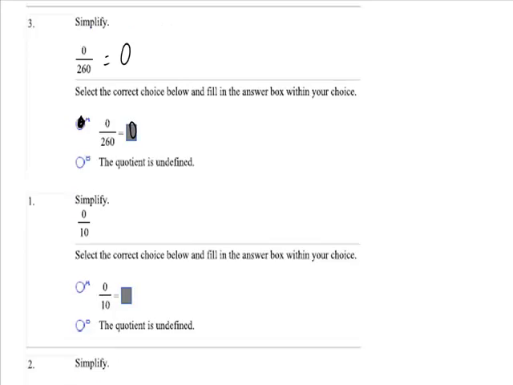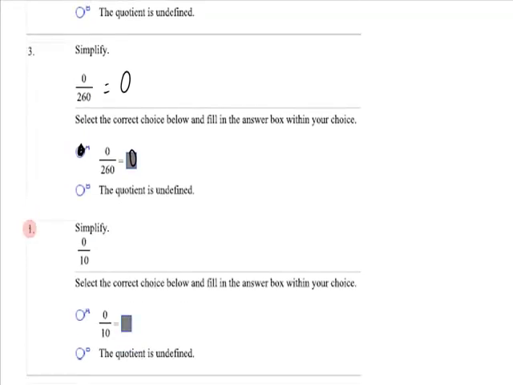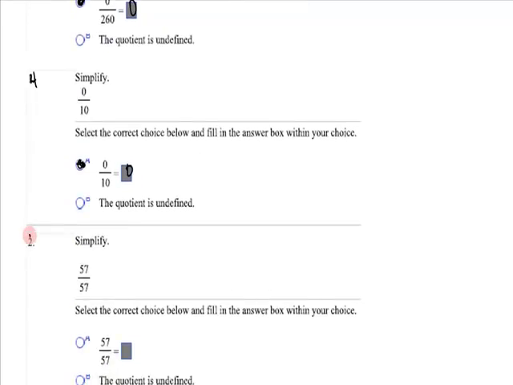And I'm not sure what's going on with the numbering here. I'm going to call this number 4, and this is 0 divided by 10. 0 is on top. It's over, so it's equal to 0. This would be example 5. Did I accidentally repeat these?